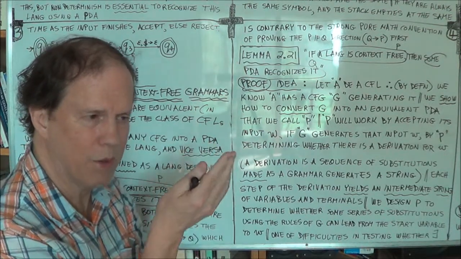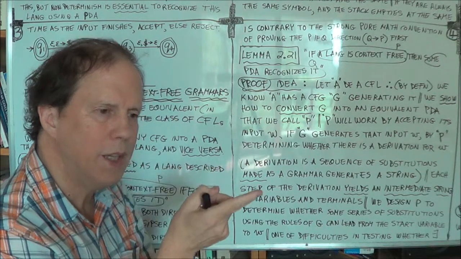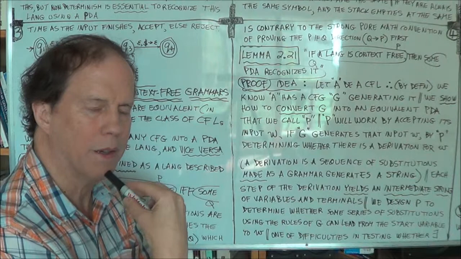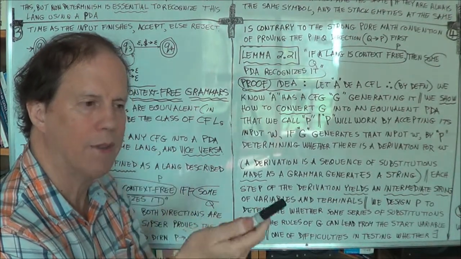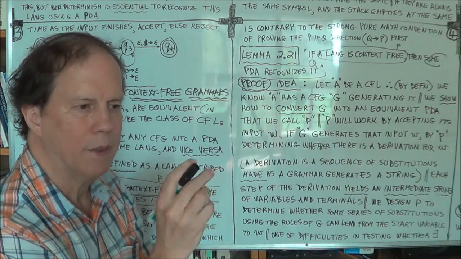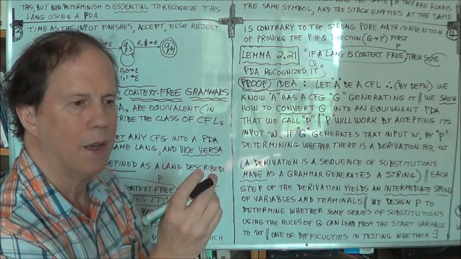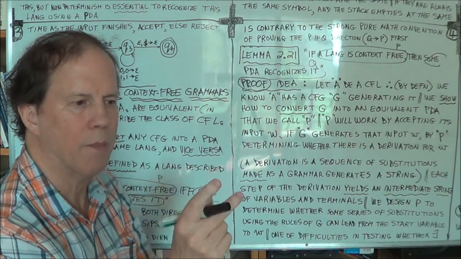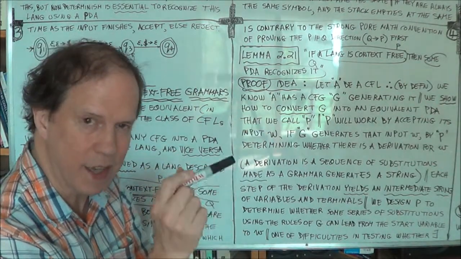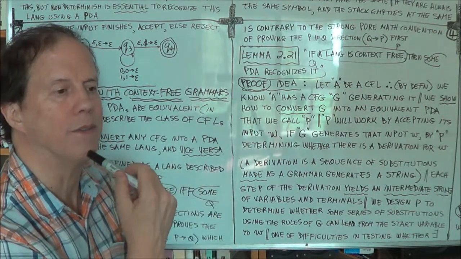So the main idea, I keep saying, is to get your PDA to behave like a grammar, a context-free grammar. And if you can get the PDA and the context-free grammar to describe the same language, well, then those two are equivalent, right? And since the grammar describes the language, by definition, a context-free language, a CFL, is described by a CFG, right?